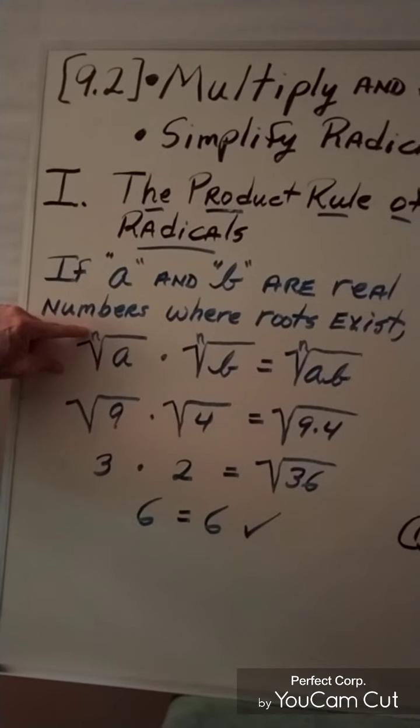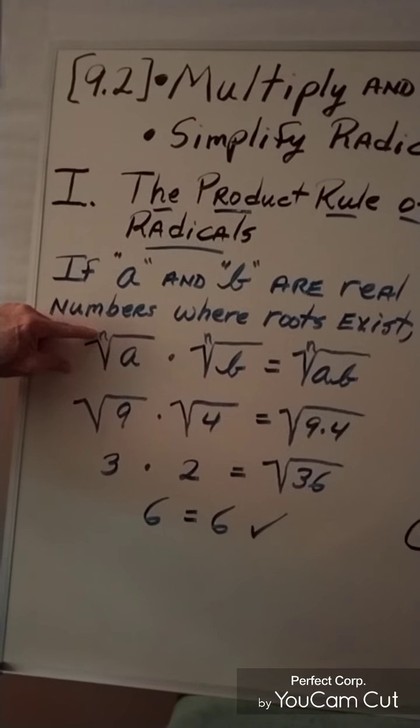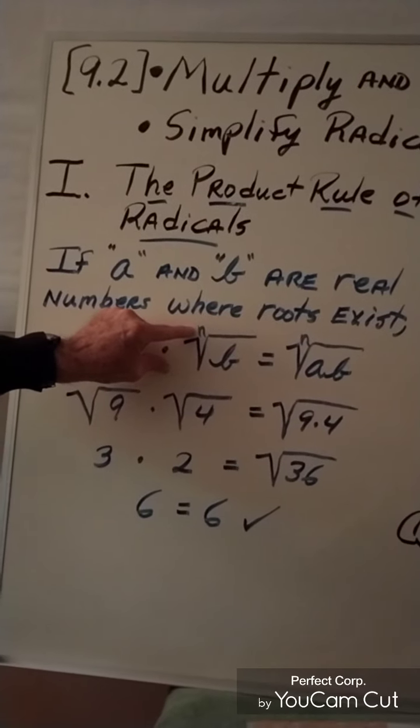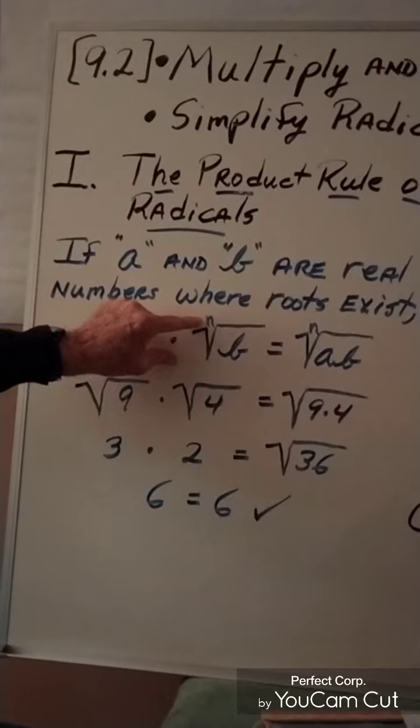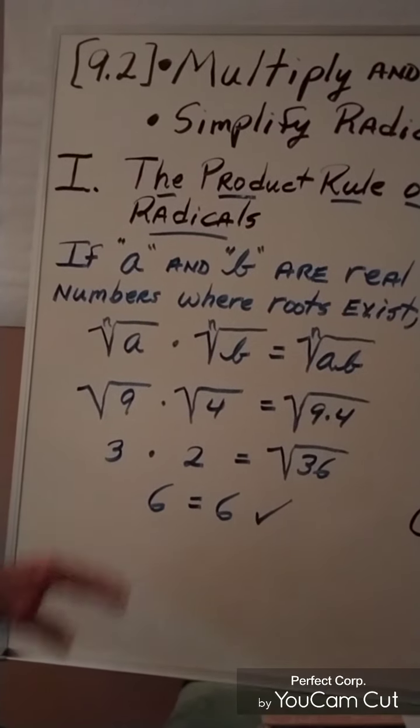So if the index on the radical of A is n, then the index for the radical of B is going to have to be that same n index. Now we're going to prove it.